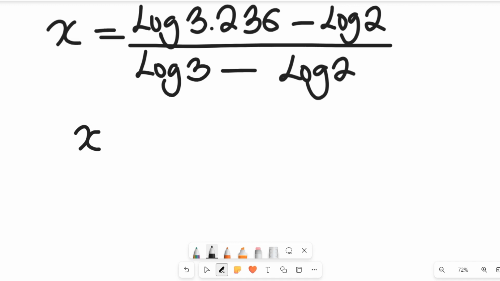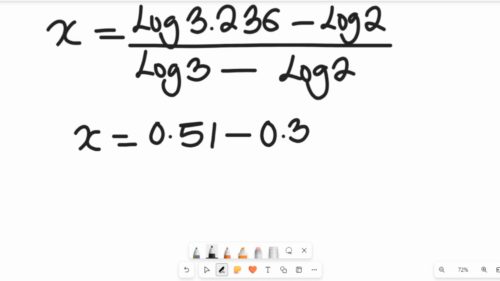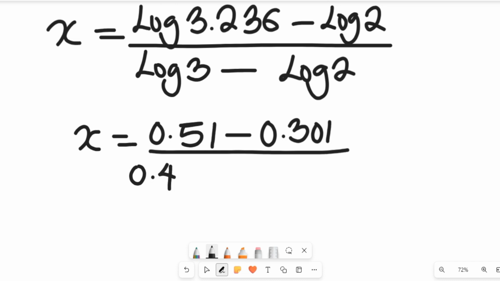So our value of x will be equal to the log of 3.236. Using your logarithm calculator, it is going to give us 0.51 minus, this is going to give us 0.301, right? Yes, that's what it will give us, and this is going to give us 0.4771 minus 0.301.